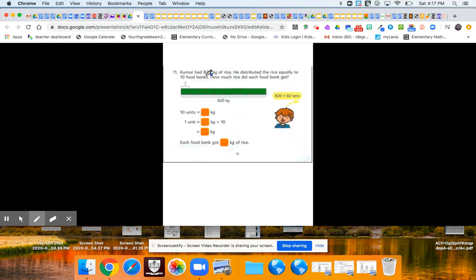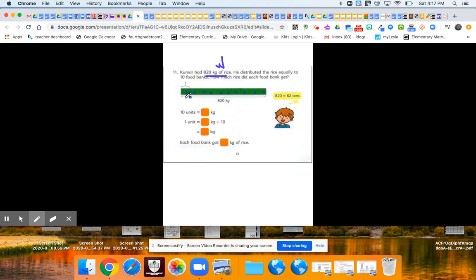Okay, so when I'm rereading it now for information, this is my whole. That is the total of the rice, 820 kilograms. He distributed the rice equally to 10 food banks, and you can see my part is the 10 food banks. The other part is how much did each food bank get, and that's why we have our question mark or unknown.